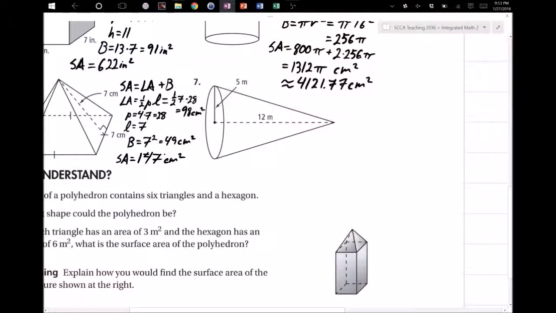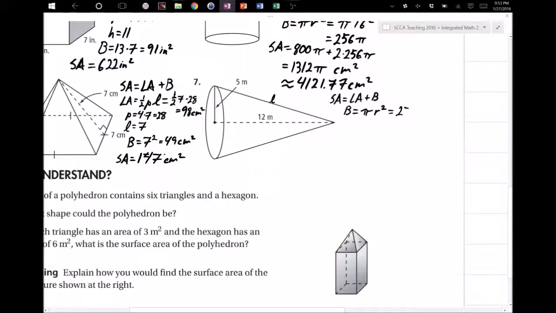Now, problem number 7 is a little bit different. This gives us the radius and the height, and we're going to need the slant height, because if I write my surface area formula, it's equal to lateral area plus 1 base. I'll stick with the things that I already know. My base is equal to pi r squared, and my radius is 5 meters.